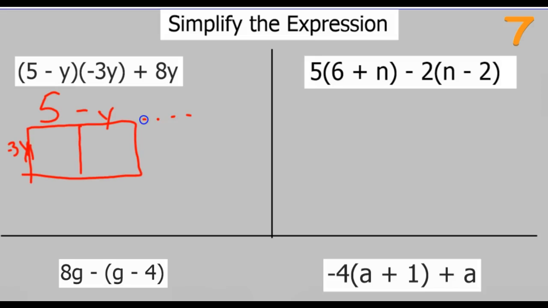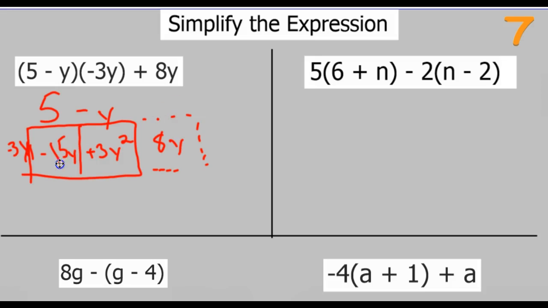In our dotted box, we have an 8y. So negative 3y times 5, that gives us negative 15y. And negative 3y times negative y gives us positive 3y squared.